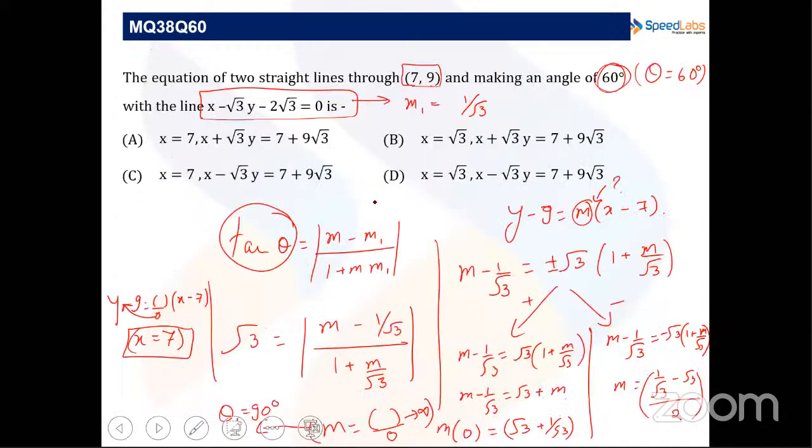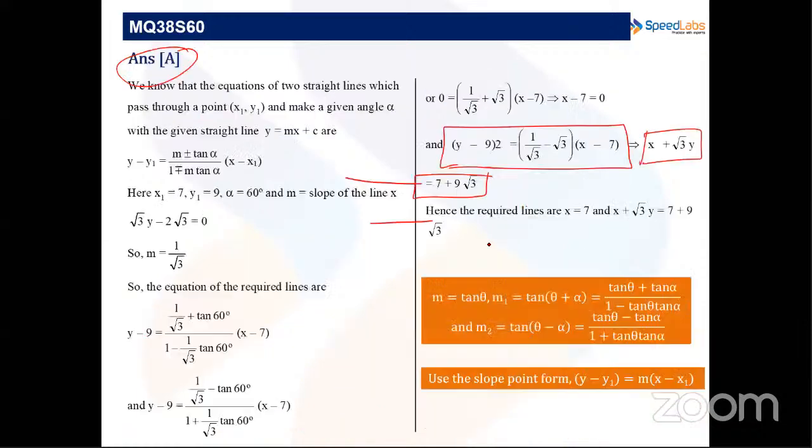What happened here is, most of the students, when they get m into 0 equals some value, they leave the question there only. But try to understand, this means m equals some value divided by 0, that is tending towards infinity. That means the slope can be 1 by 0.